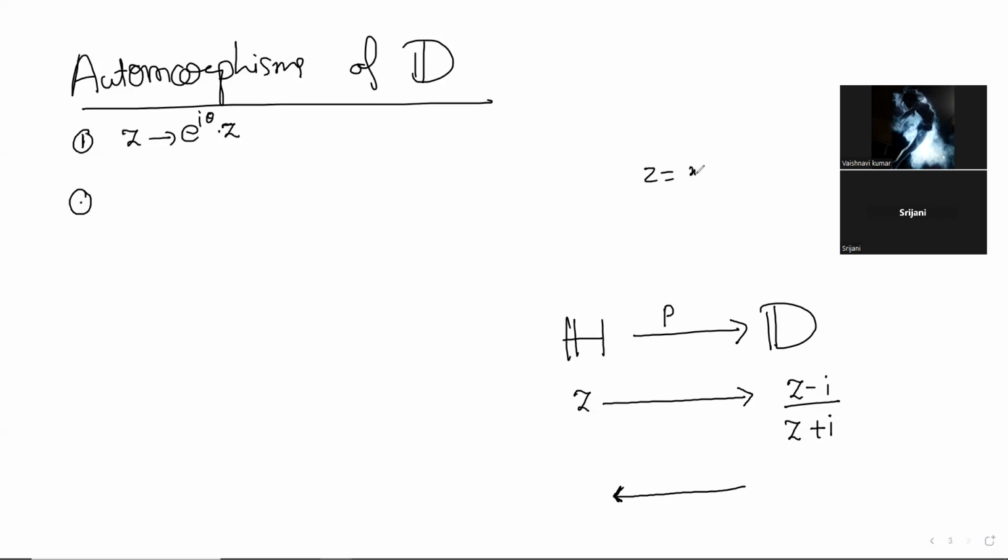So if z is equal to (w minus i) over (w plus i), then what is w? Wait, so what is the inverse?